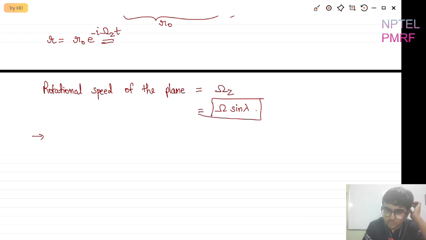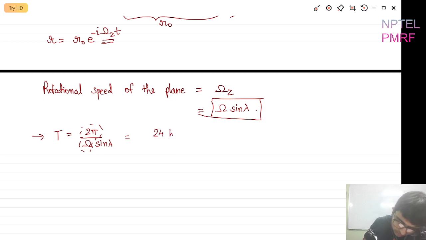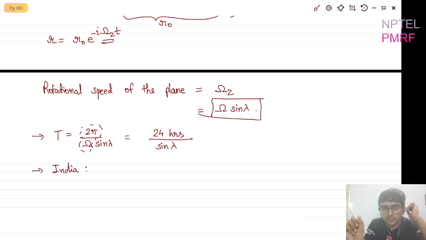And then to make sense of it, let's calculate the time period. This is 2 pi divided by omega z, so omega into sine lambda, right? And 2 pi by omega, we know that's the time period of Earth, which is 24 hours. So this is 24 hours upon sine lambda, right? So in India, let's say near that line of 23.5 degree latitude, it passes through around, I don't know, Bhopal.